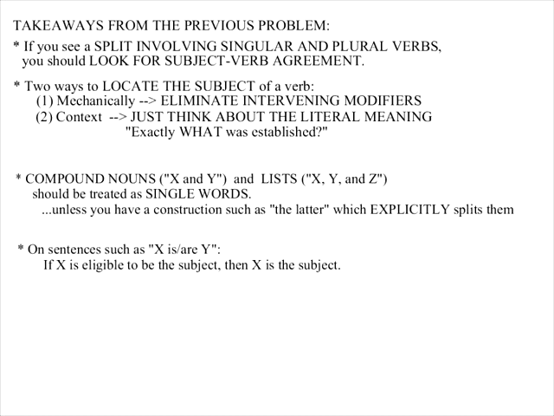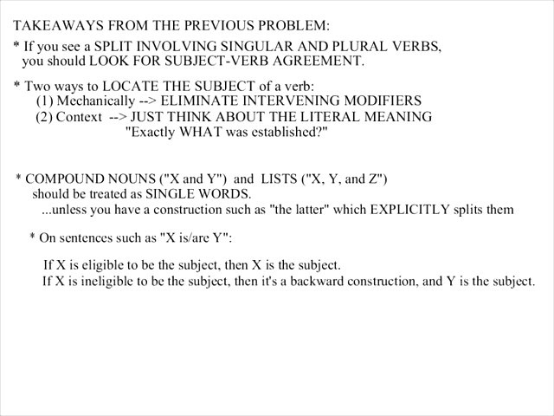If all of X is ineligible to be the subject, then it's a backwards construction, and Y is the subject.